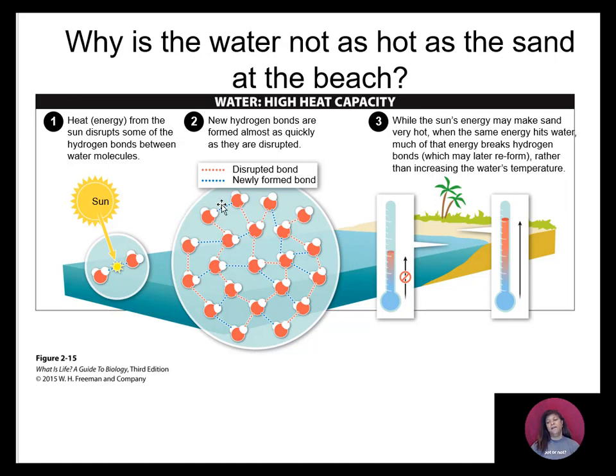That energy is then used to form another hydrogen bond. So these bonds are formed almost as quickly as they're disrupted, and the heat energy is used up in forming these new bonds. And that's why the sand is much hotter than the ocean water.